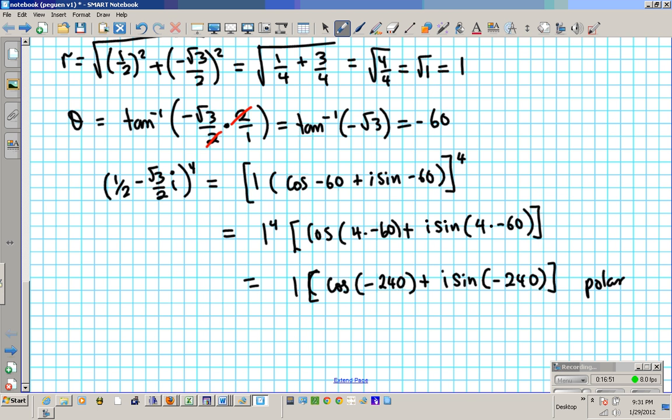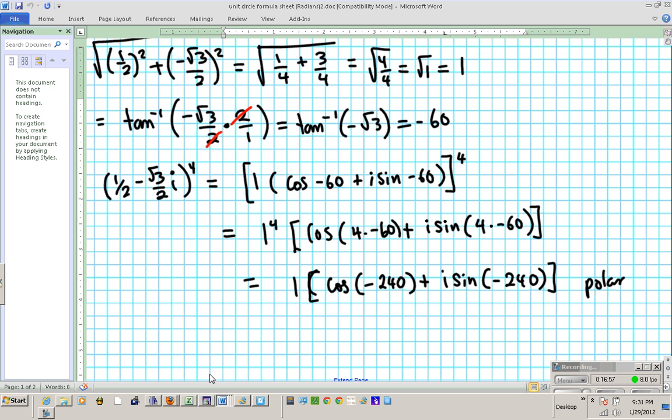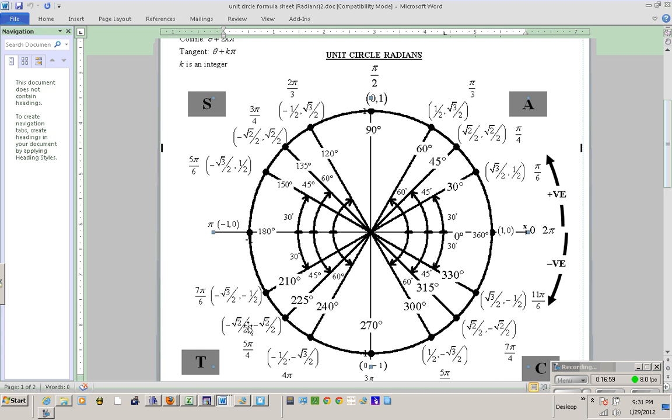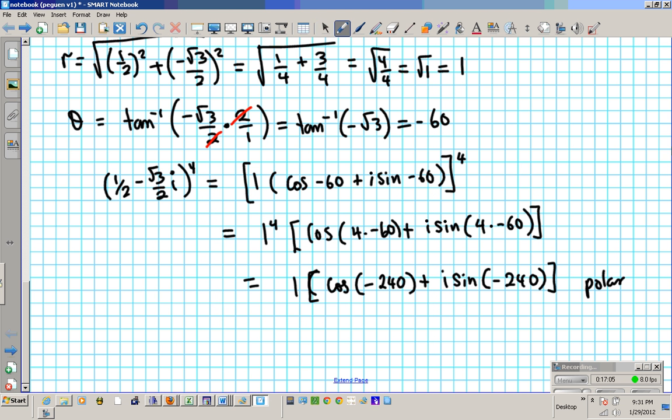And in rectangular form, we look for negative 240 on the unit circle, and then we'll finish this up. So where is negative 240? If 240 is right here, negative 240 is going to be up there: negative 1/2 and root 3 over 2.